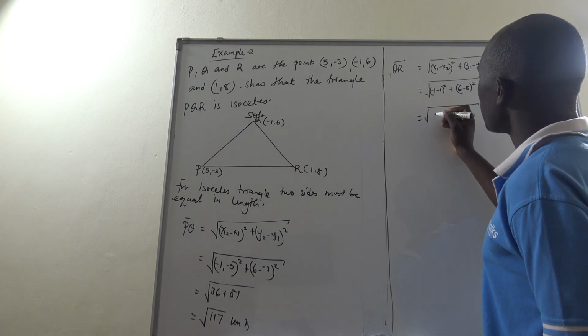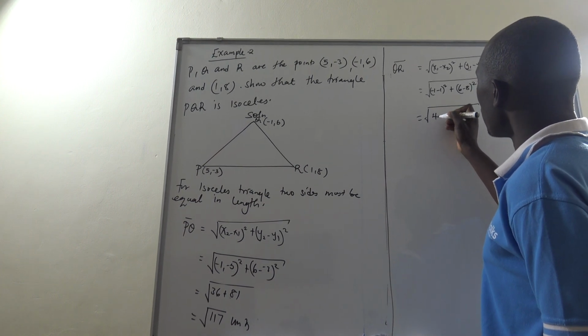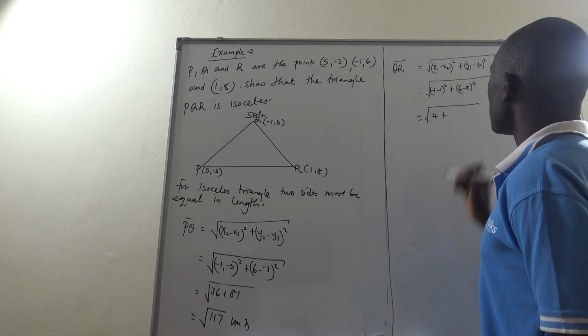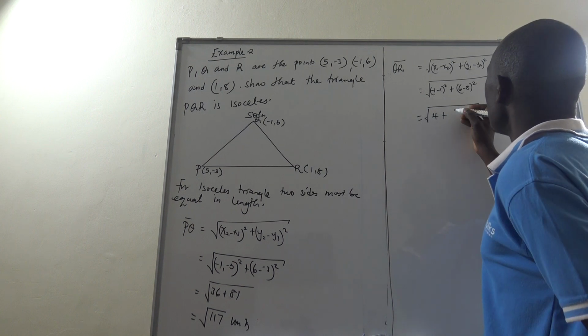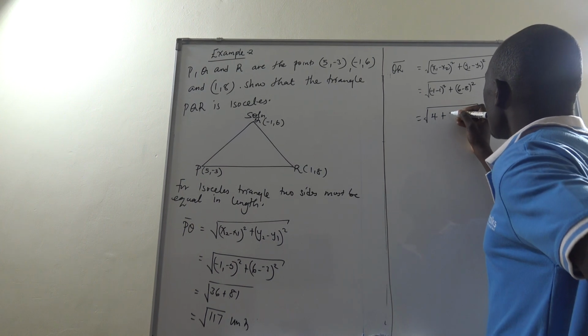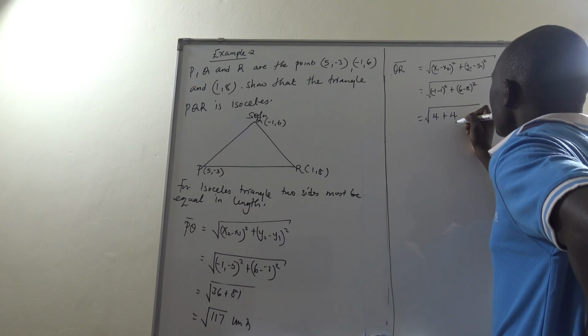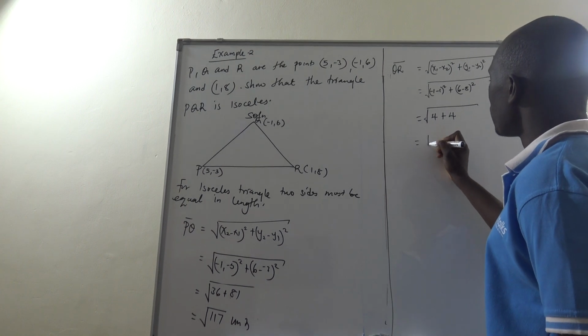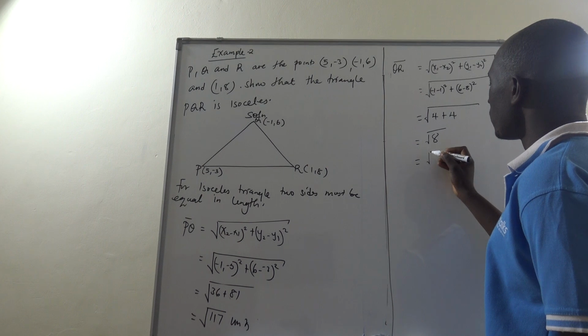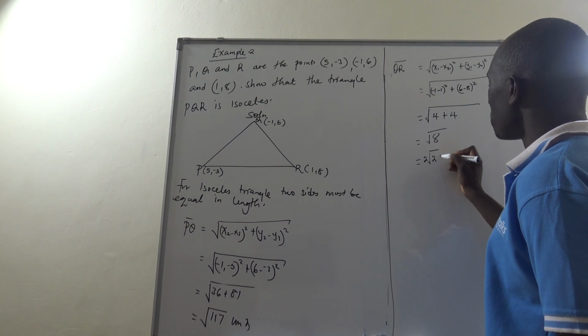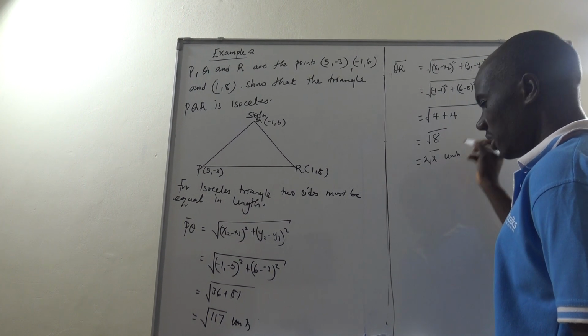You're getting -2, and -2 squared gives 4, plus 6 minus 8, that is -2 squared, also 4. So you're getting root of 8, which, if you reduce it, is the same as 2 root 2 units.